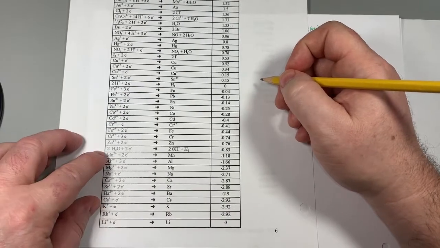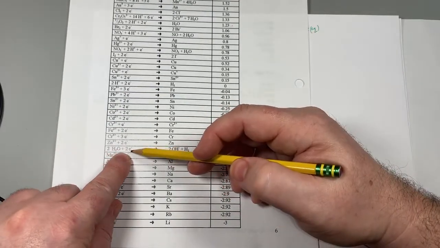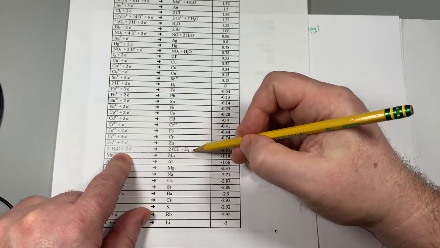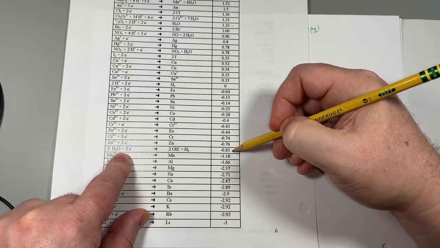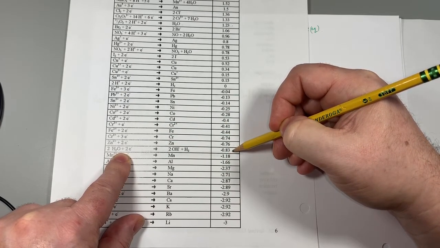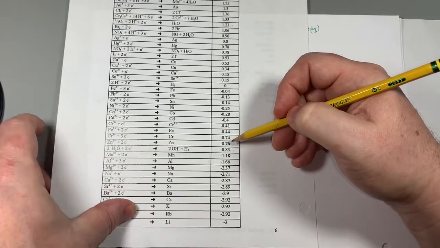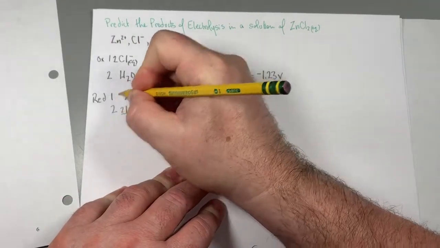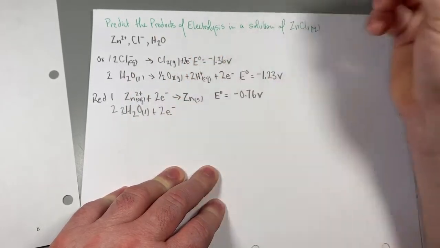The reduction of water is a reaction that has only water on the left-hand side and nothing else. So here it is, negative 0.83. This reduction of water is always going to be the same reaction every time. So 2 water plus 2 electrons.